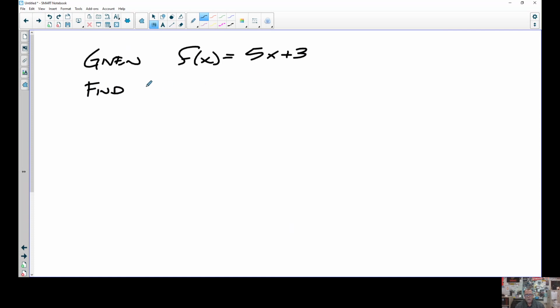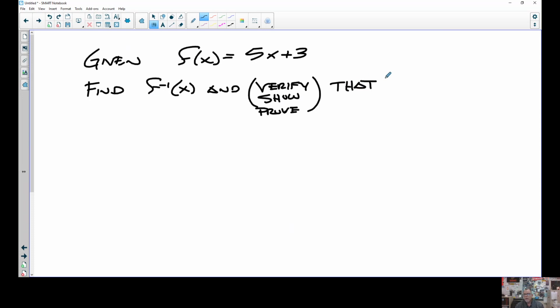Find f inverse of x. And it may say verify, it may say show, it may say prove. Yeah, that P word you guys all hate. It may say any of these things, verify, show, or prove that f and f inverse are inverse functions.